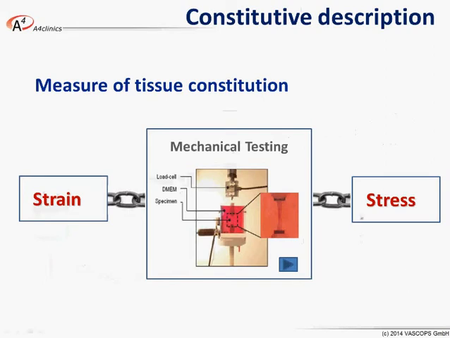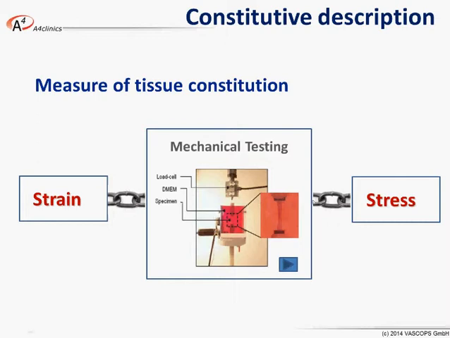Then finally, the third entity in this concept is the constitutive description, which connects our mechanical strain to our stress, and this basically defines the constitution of the tissue. If I talk about tissue in the aneurysm case, I mean always the wall tissue, the aneurysm wall, and also the intraluminal thrombus tissue.